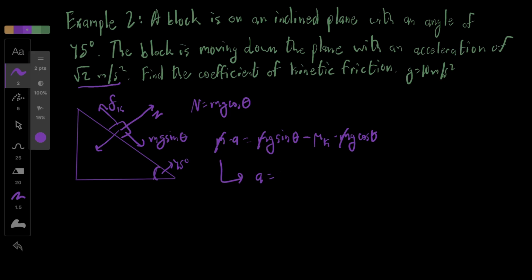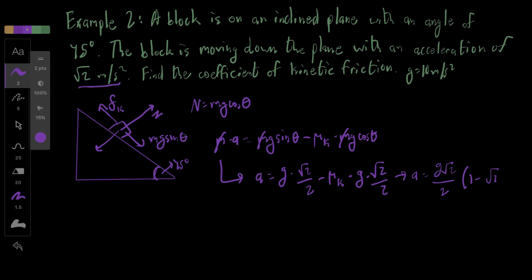So a is equal to g times the square root of 2 over 2 minus mu k times g times the square root of 2 over 2, since sine and cosine of 45 are the same. Now, factoring out g root 2 over 2, we get a is equal to g root 2 over 2 times 1 minus mu k.